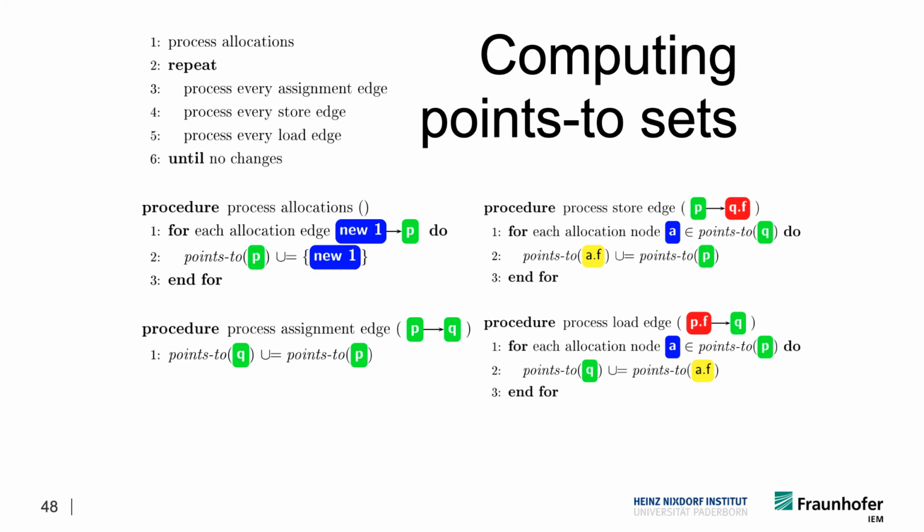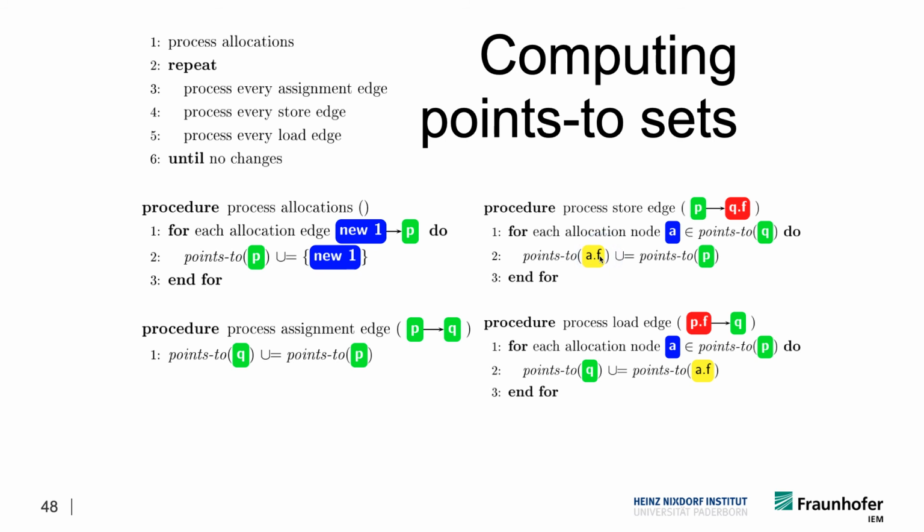And the way this is done is as follows. So most of it is pretty simple. We just repeatedly process every assignment edge, every store and load until nothing changes. And we process allocations by generating these subset constraints like I showed you. For assignments, we're doing the very same. And then here for stores and loads, it's a little bit different because we are generating these concrete field nodes.